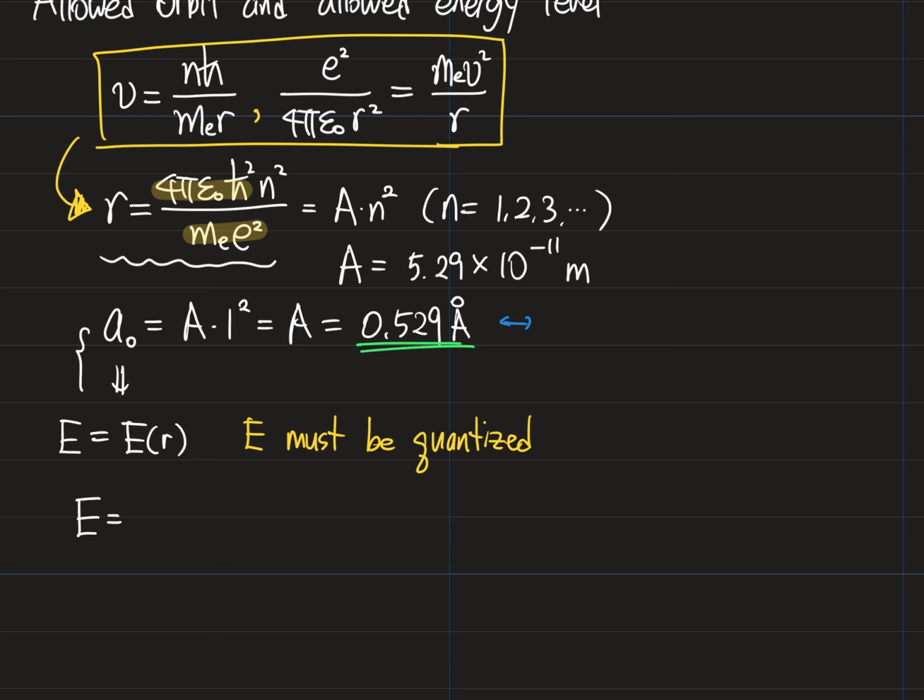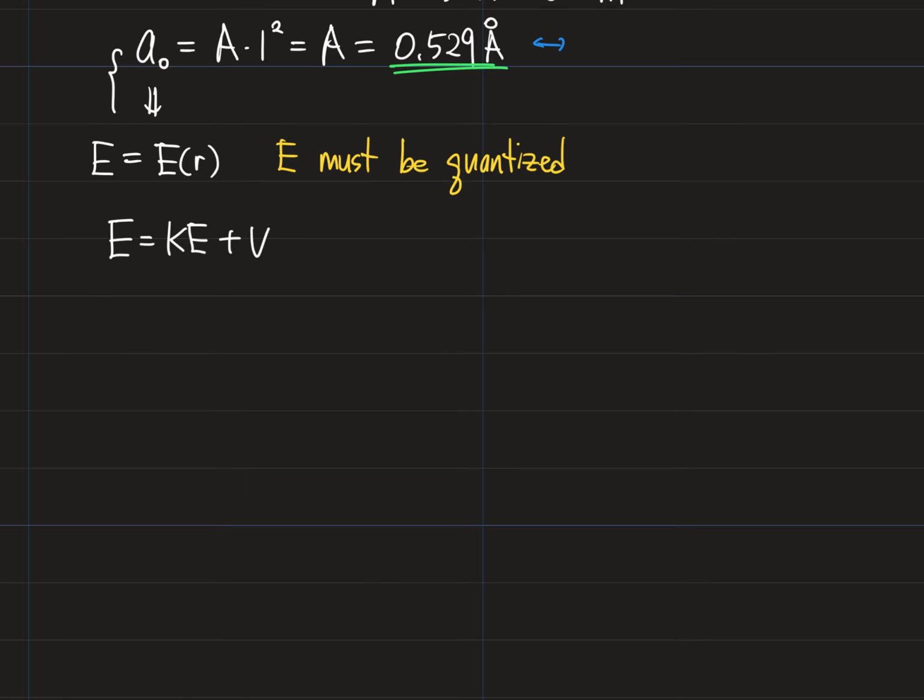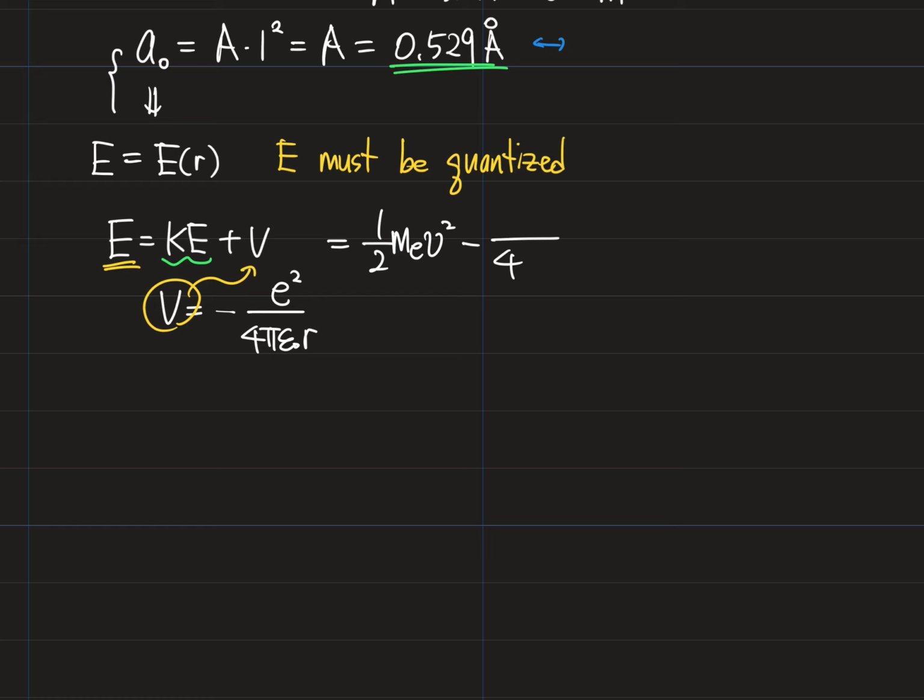Energy consists of two components, the kinetic energy T plus the potential energy V. In this case, the potential energy V is simply the Coulomb potential energy, so minus e squared over 4 pi epsilon zero r. If we plug this into the total energy expression, and we know the kinetic energy expression, it is something like this.